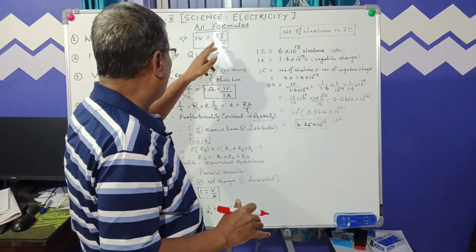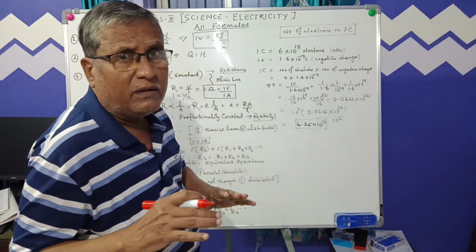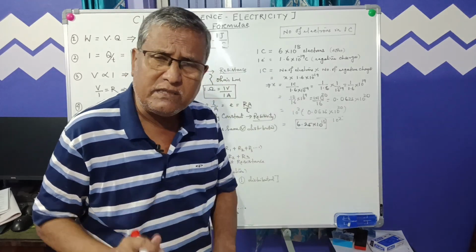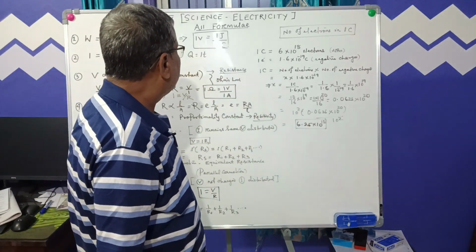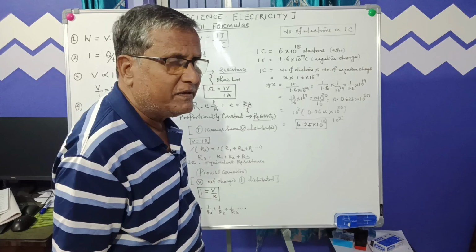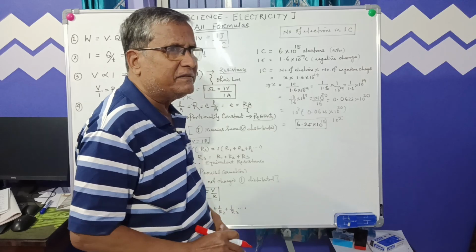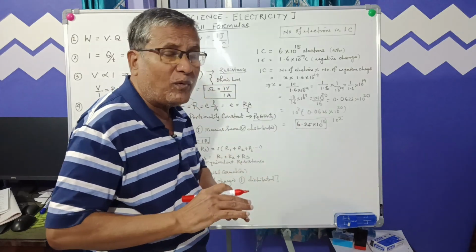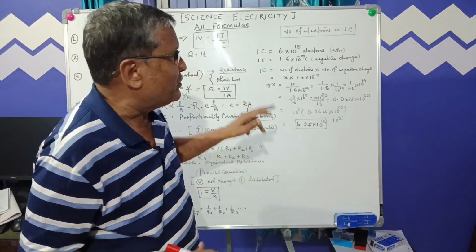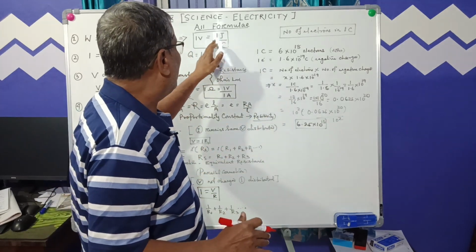The unit of work is joule, and the SI unit of charge is coulomb, denoted by symbol capital C. So what does it mean? 1 joule of work is done due to the flow of 1 coulomb charge by the force that is 1 volt. So 1 volt displaces 1 coulomb charge, the work done is 1 joule.